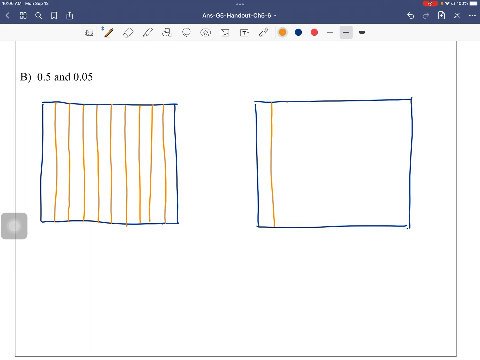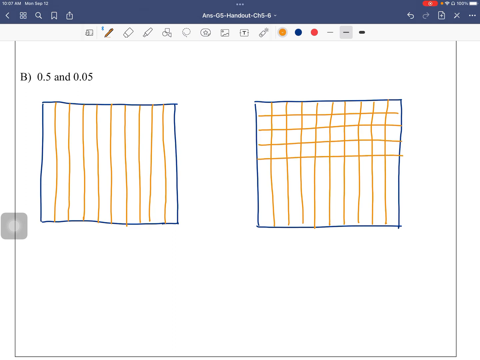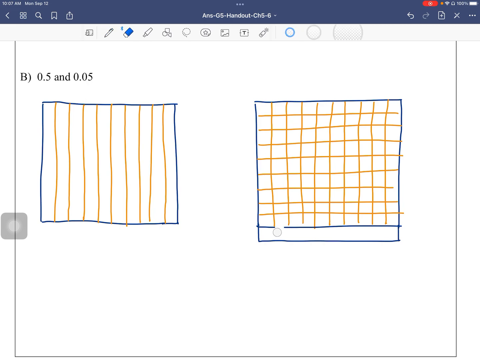And then 10. Okay, so this time I fix it by this. Supposedly these two need to be the same, but I failed.